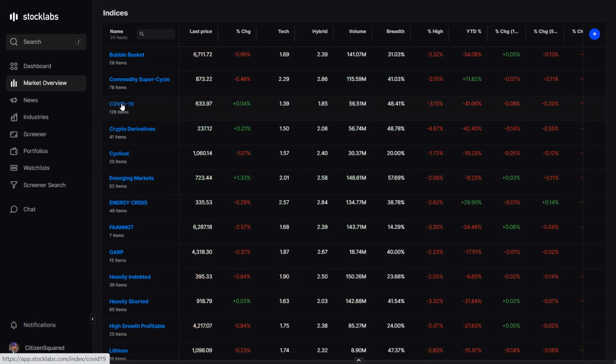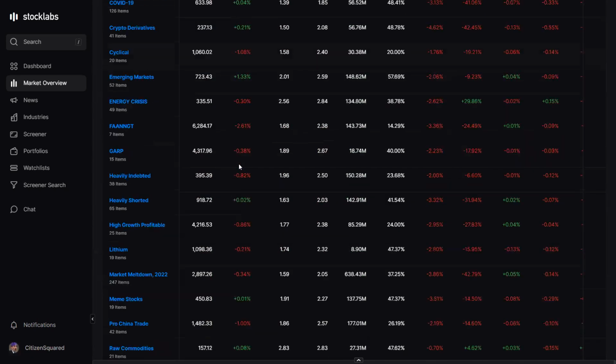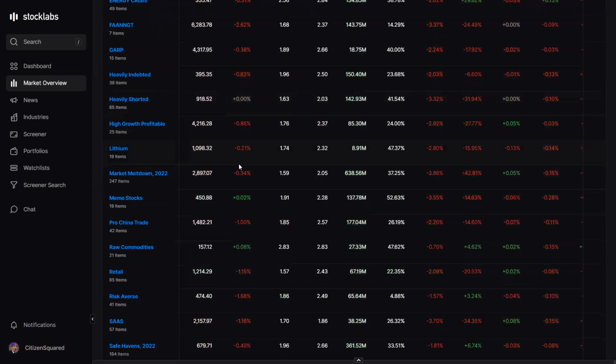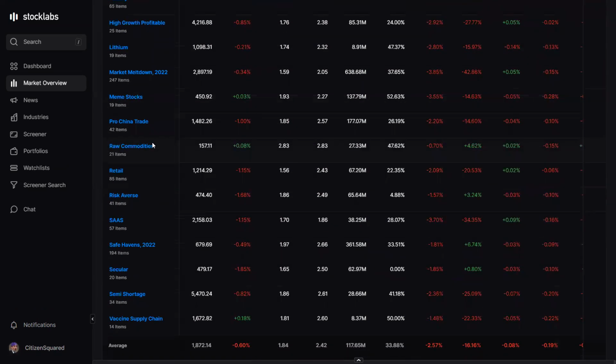Based on things that were happening in this basket, you could find trades or incorporate certain things into strategies you were doing. Some are based on fundamentals, others are just based on general themes.